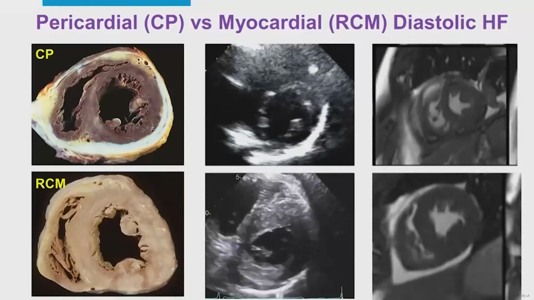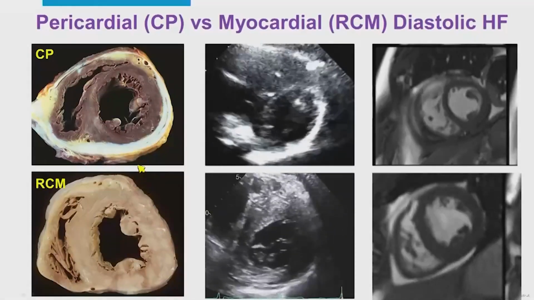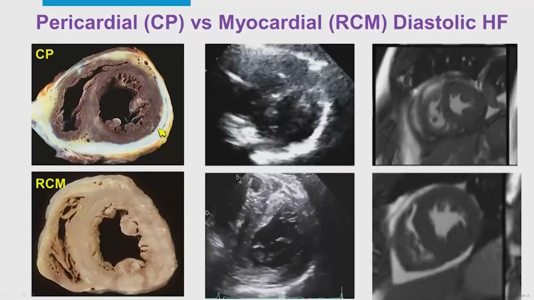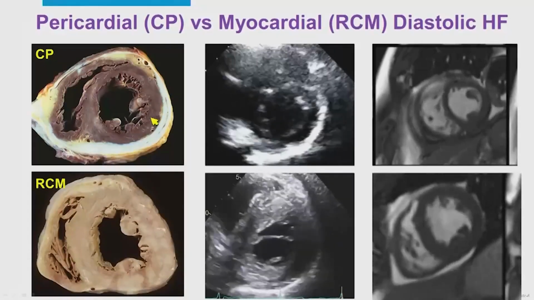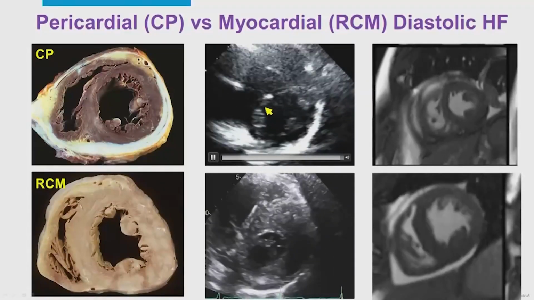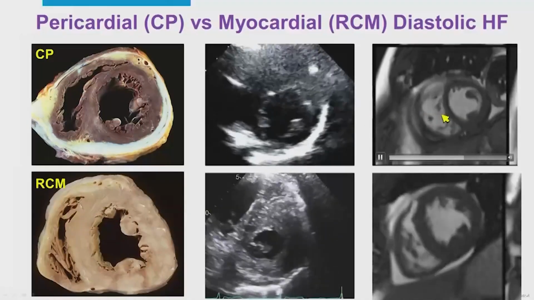But in constriction, the limited diastolic filling happens because the thickened or fibrosed, scarred, or calcified pericardium limits the filling, and that creates interventricular dependence with a very characteristic septal motion on echocardiography and also cardiac MRI.